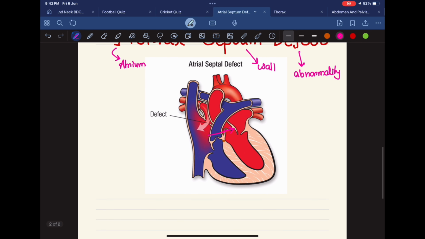Actually, we know the left atrium pumps oxygenated blood to all parts and organs of the body, having a high atrial pressure, and the right atrium pumps deoxygenated blood to the lungs.